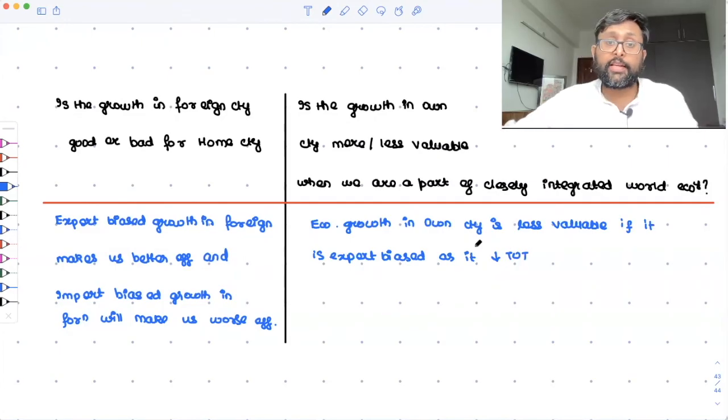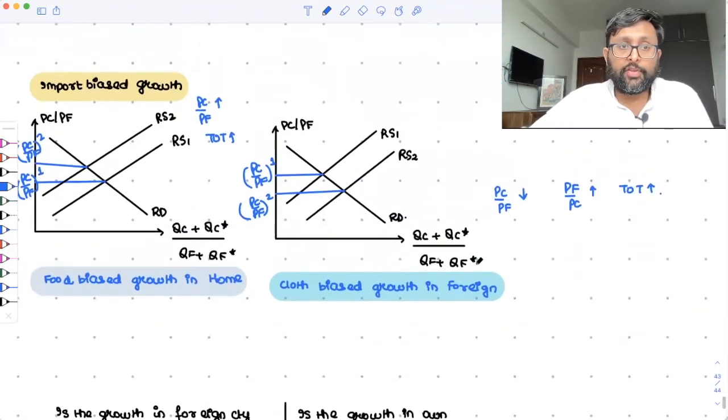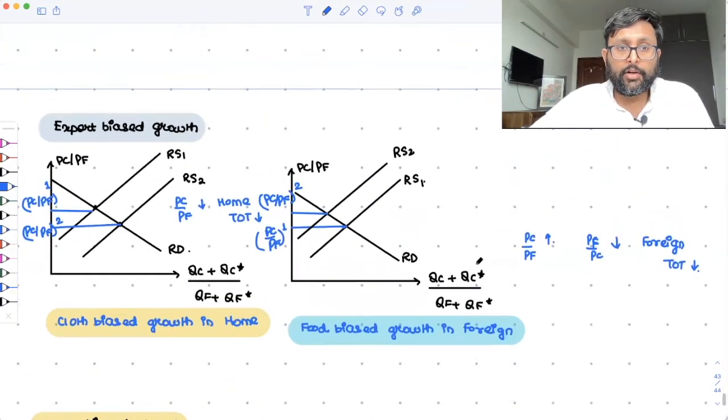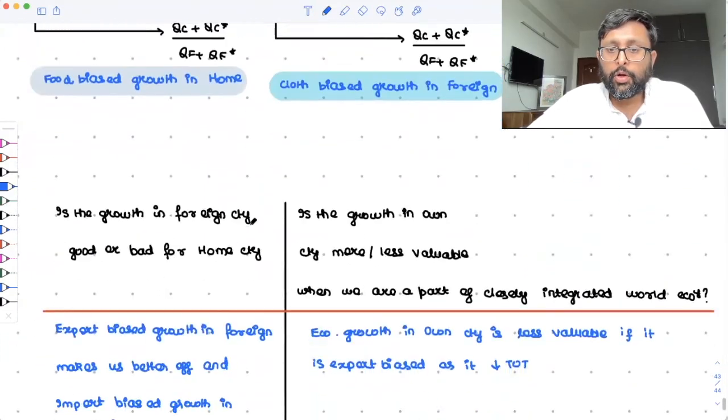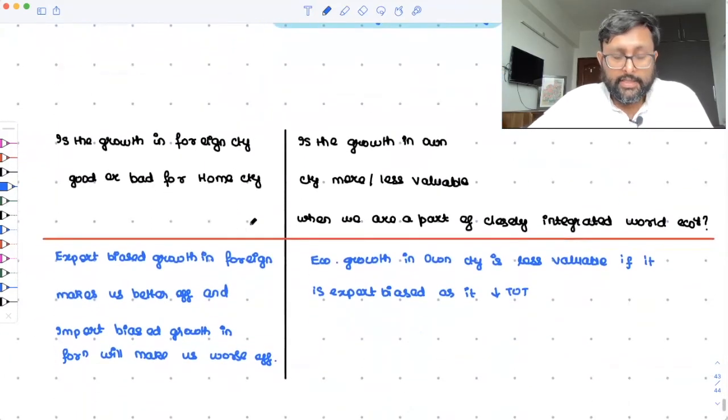If there is an export bias growth in my country, PC by PF is falling, terms of trade are going to fall. If there is a growth which is going to increase the cloth production in my country, that is going to be less valuable to me.